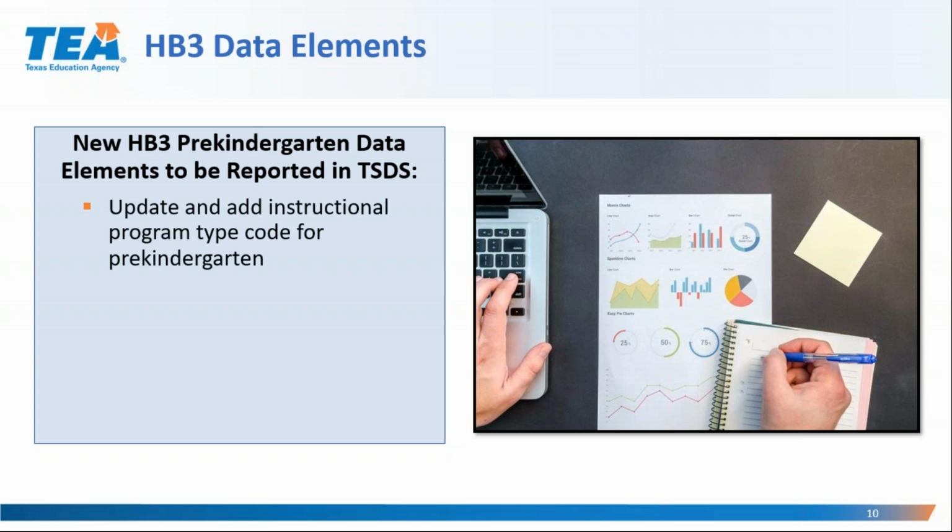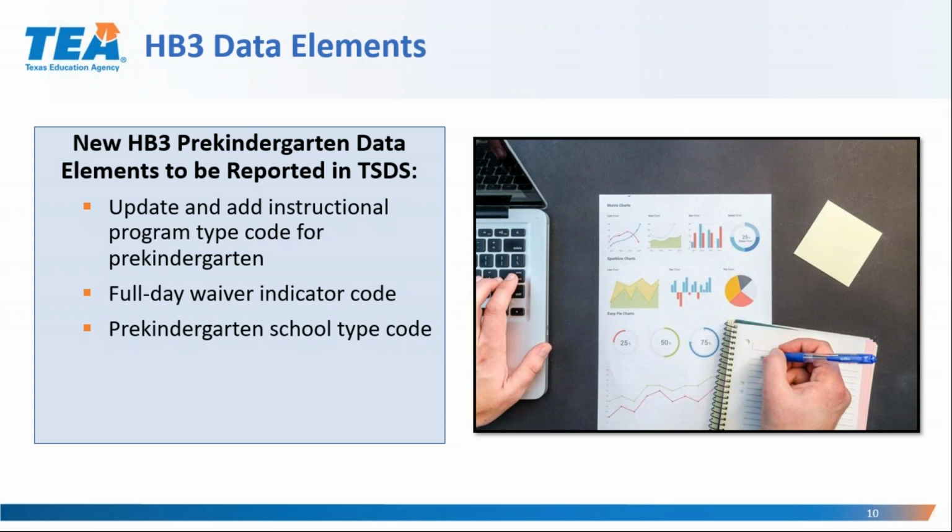LEAs through this will document what type of pre-kindergarten program the student went to, and basically it's just an update. A non-public pre-K will be added to the already existing list. There will also be added a full day waiver indicated code, and this will indicate whether the district and charter has received an exemption from offering full day pre-K.